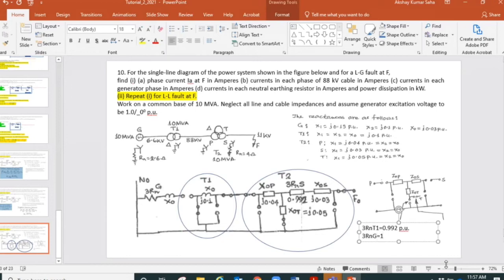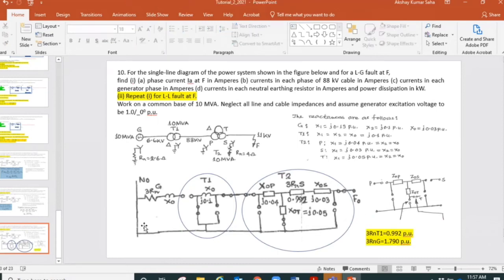You said 1.790 per unit. We need to know it from others as well. We need to calculate these two at least because they were given in ohm, they were not given in per unit. If they were given in per unit, then it would have helped us. But this is a very minimal calculation that we must be able to do.